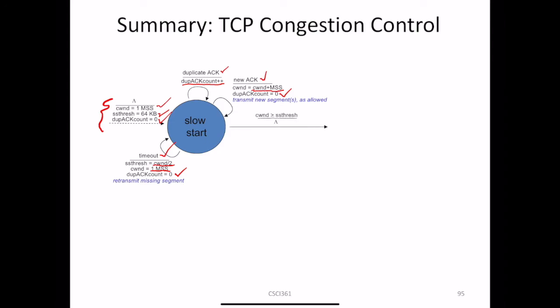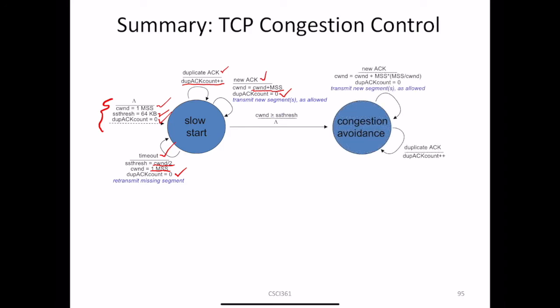However, as new ACKs keep being received, when the congestion window is greater than or equal to the SS thresh, the state will change to the congestion avoidance state. Under this state, we still have multiple possibilities.